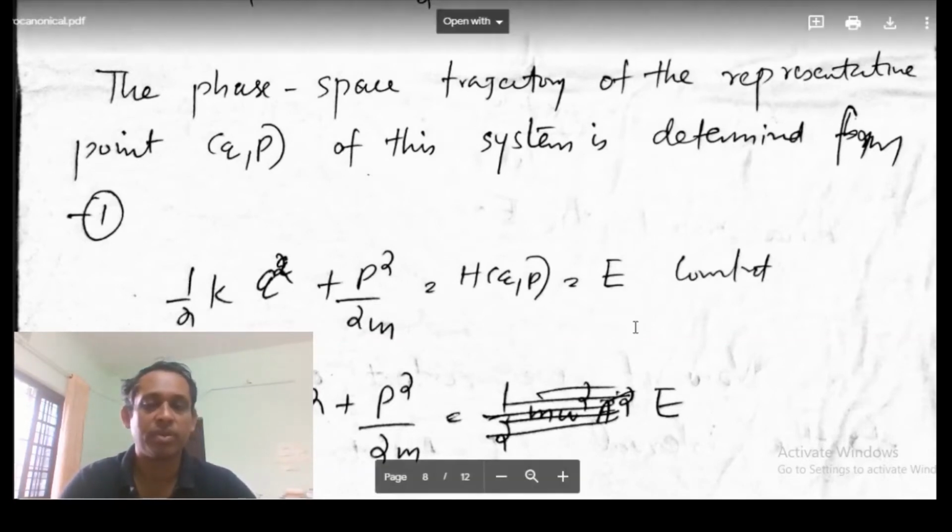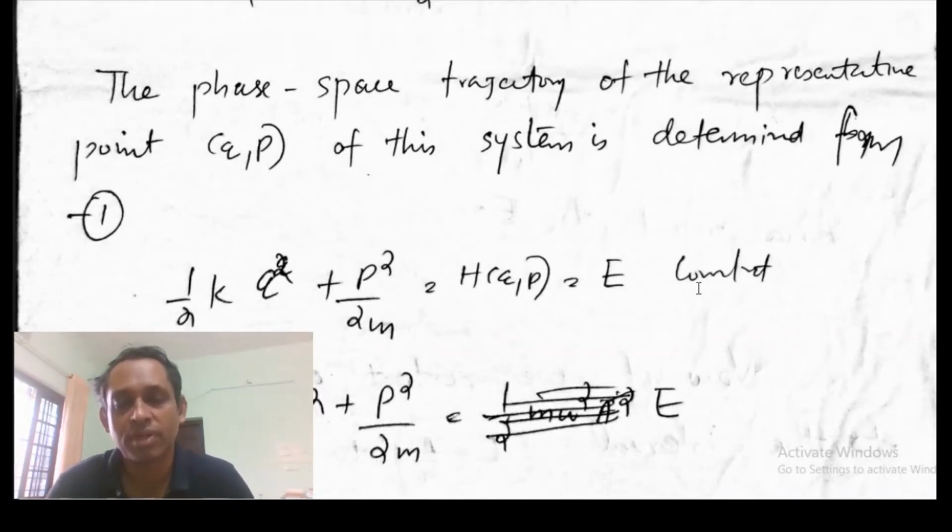Because the basic definition of degrees of freedom is the total number of independent square or harmonic terms present in the Hamiltonian.